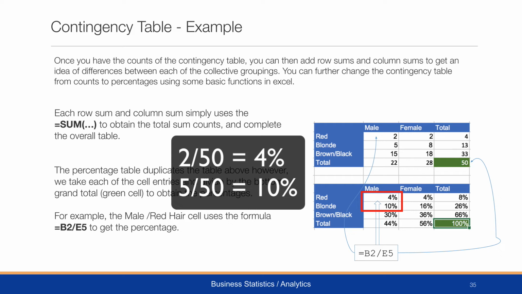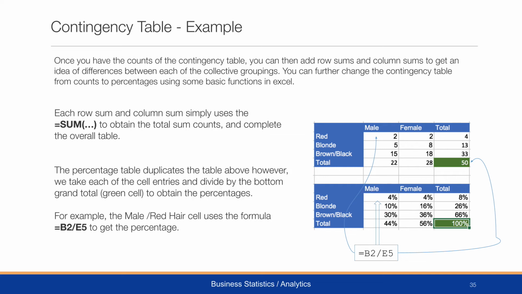When we do that, we'll actually get this 4%. So in this case, we do B2 divided by E5 to get the percentage, and that gives us the 4%. When we repeat this for each one of the cells, we can then do our row sums, or it can be computed as well, and you will see that everything will add up to 100.